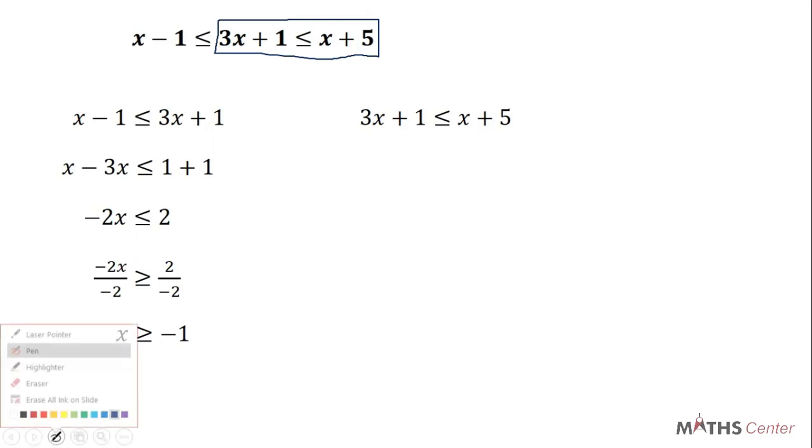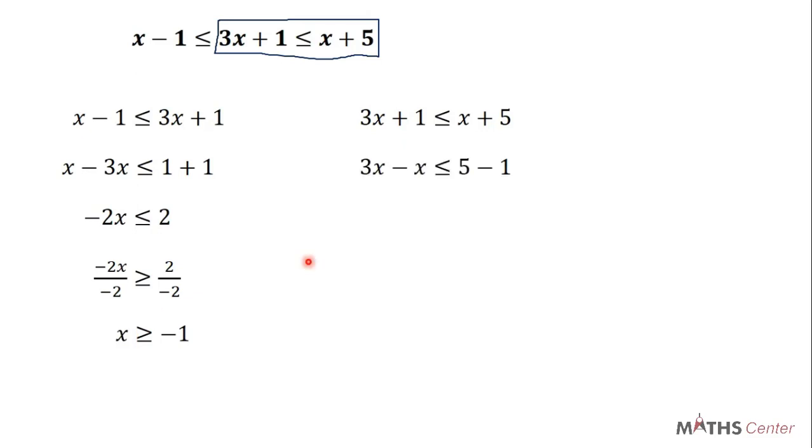You know how to do this already, so we are going to go through it quickly. We are going to have 3x minus x is less than or equal to 5 minus 1. 3x minus x will give us 2x is less than or equal to 5 minus 1, which is 4. So we divide through by 2 and x is good. We are going to have x is less than or equal to 2.